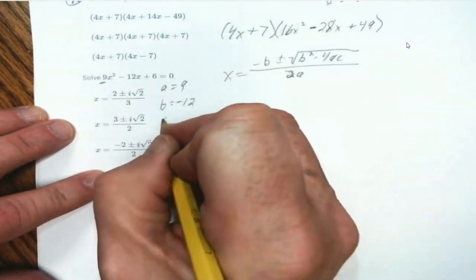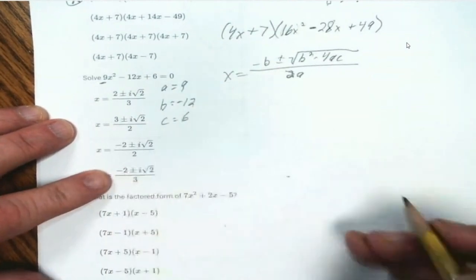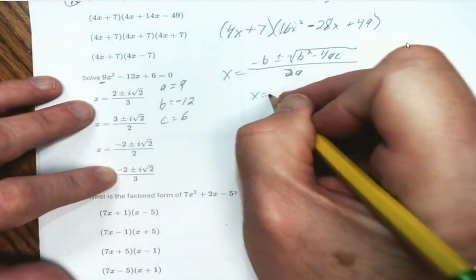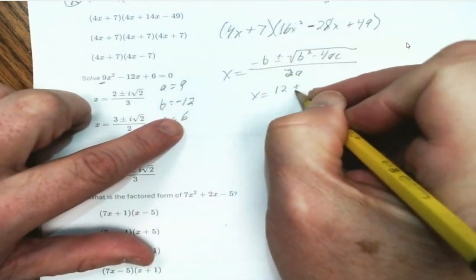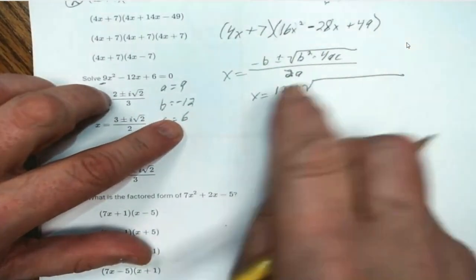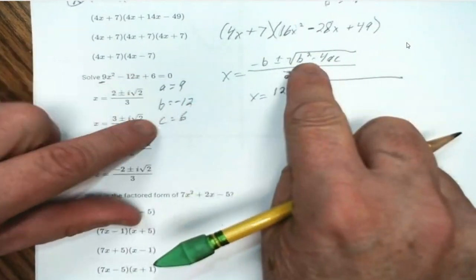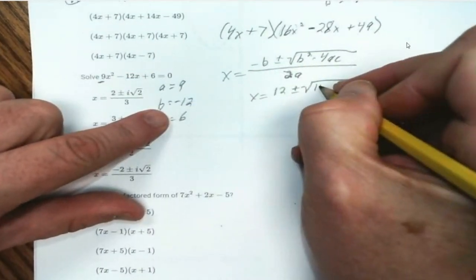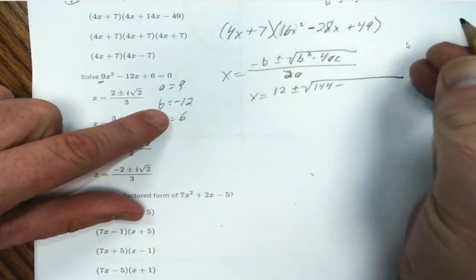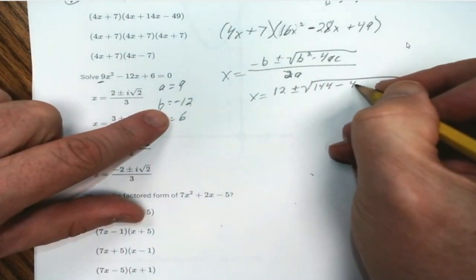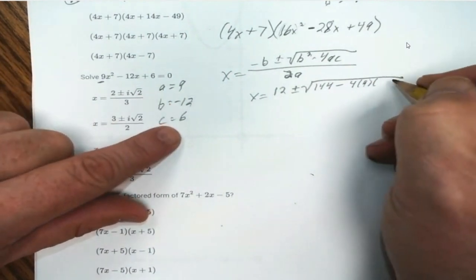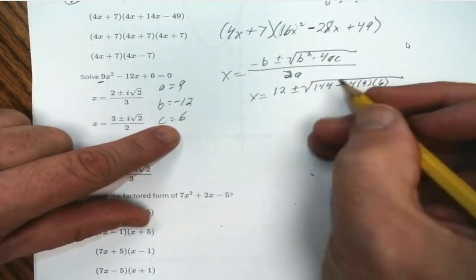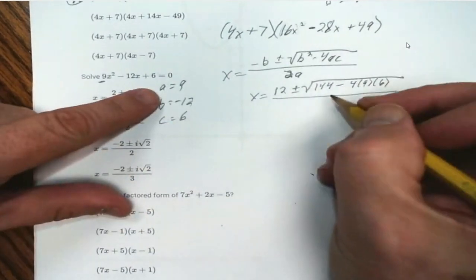And C is 6. So X equals negative negative 12, so it's a positive 12, plus or minus the square root of B squared, negative 12 squared is 144, minus 4 times 9 times 6, all over 2 times 9.